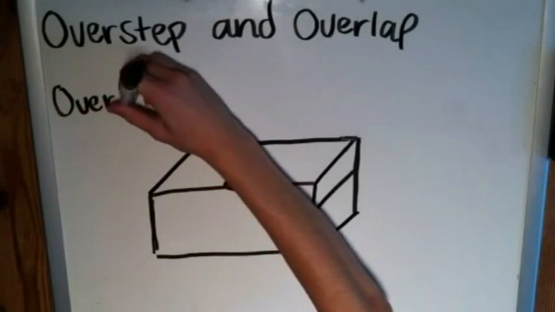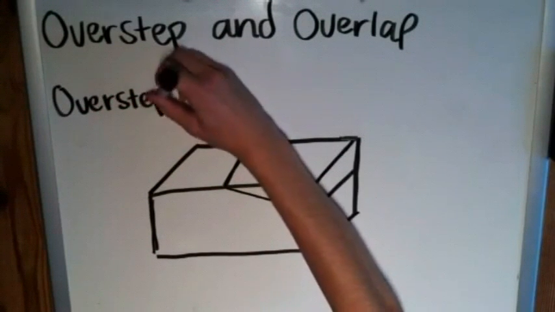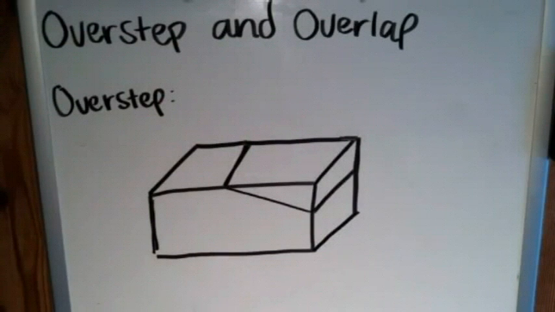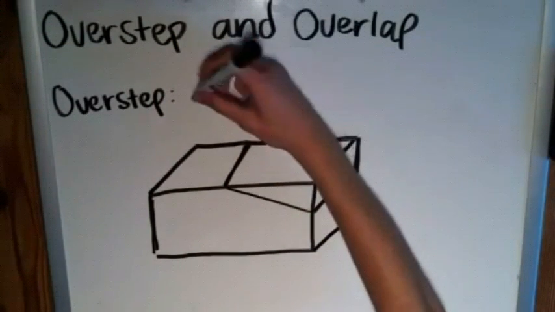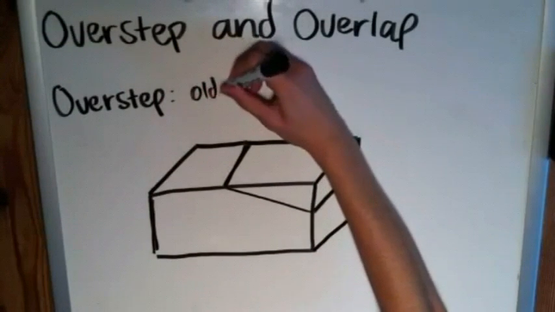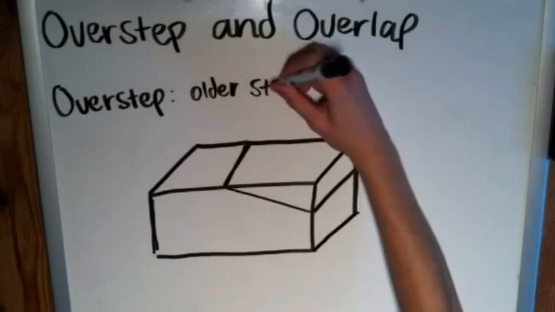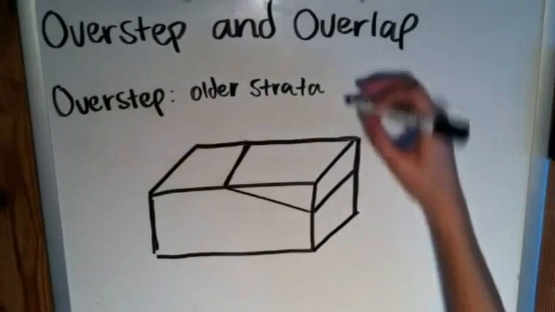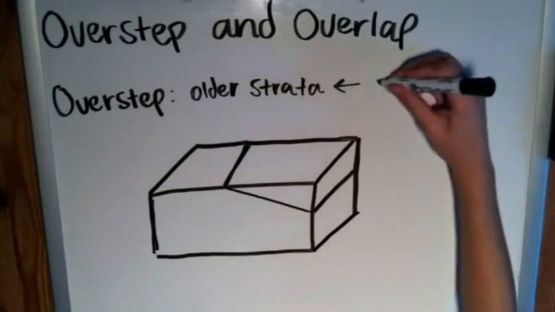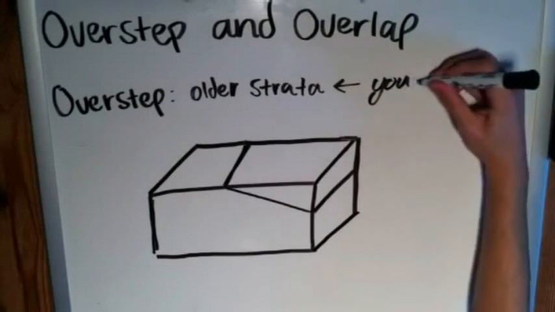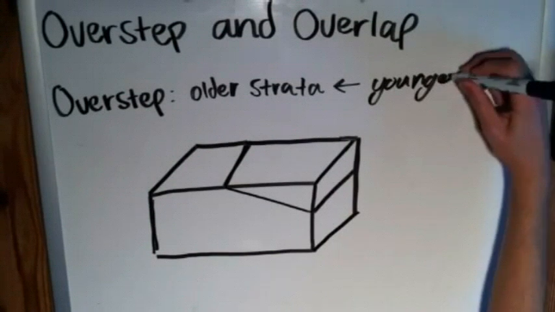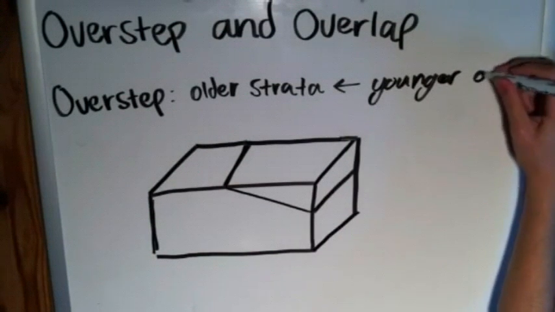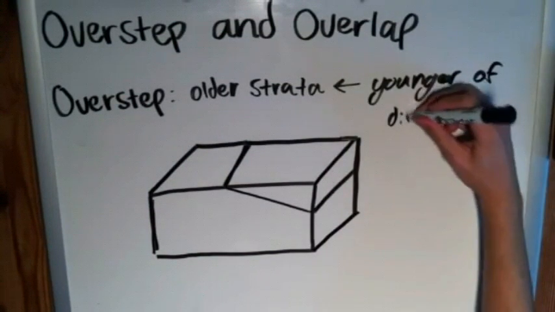And all that overstep is, it's when you've got a pre-existing older strata onto which a younger strata of different dip is placed.